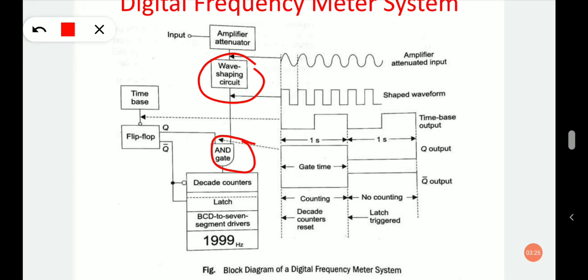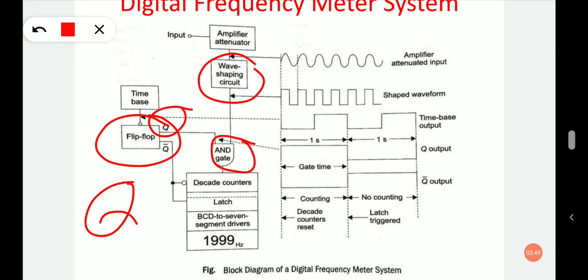The other input of AND gate is the Q output from the flip-flop. When the flip-flop Q terminal is high, pulses pass through AND gate and are counted.